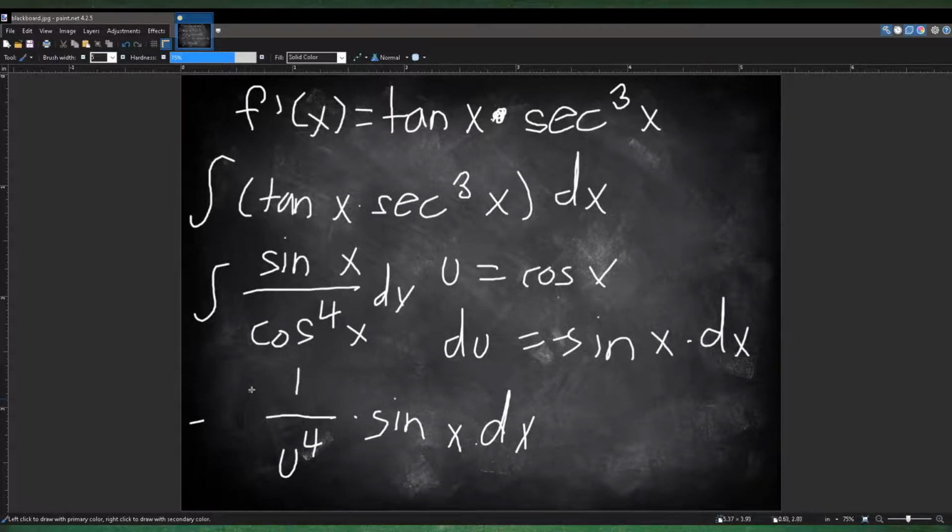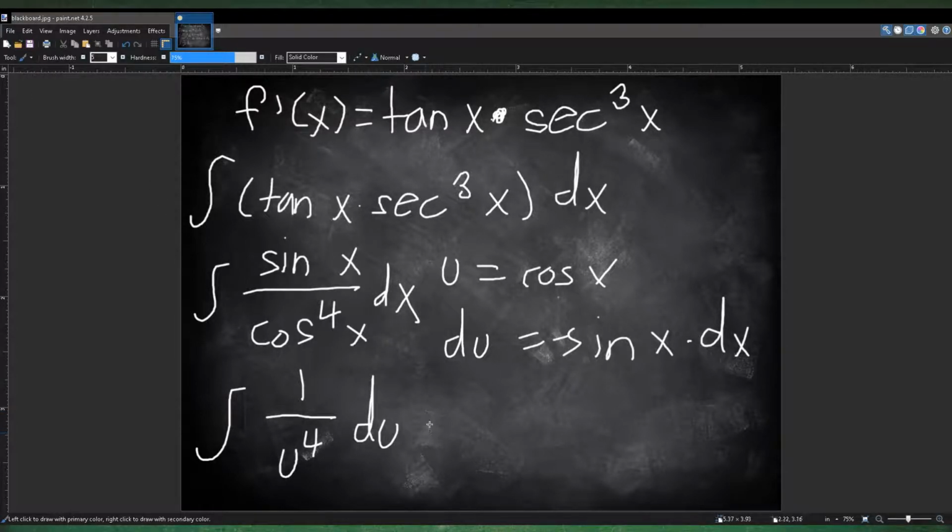So we just need to put the negative in front of that integral, and then put the negative here too. Negative times negative is 1, so we keep the equation the same, but we change this: now we have negative sine of x times dx, which we can substitute with du.